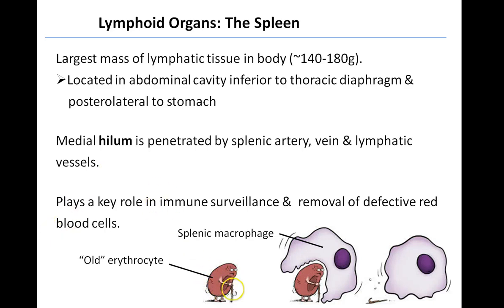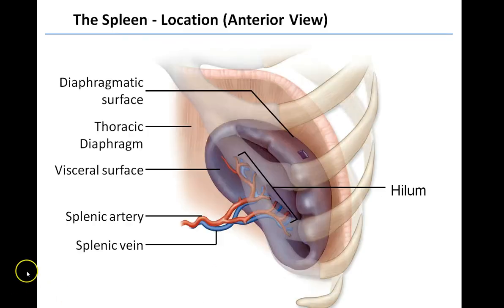So here we have this old red blood cell, an erythrocyte, and here we have a macrophage that's found in the spleen. It's now being engulfed and destroyed by the splenic macrophage. This image here shows the basic gross anatomy of the spleen. You can see this indentation here, the hilum, where the splenic artery and vein enter.